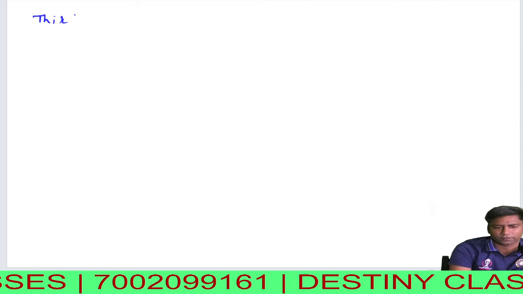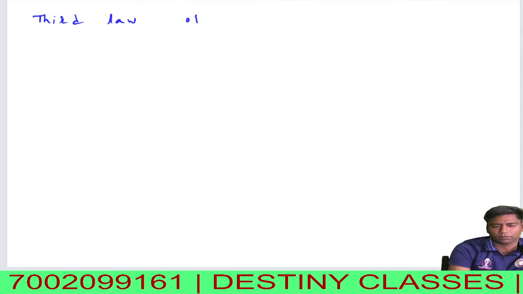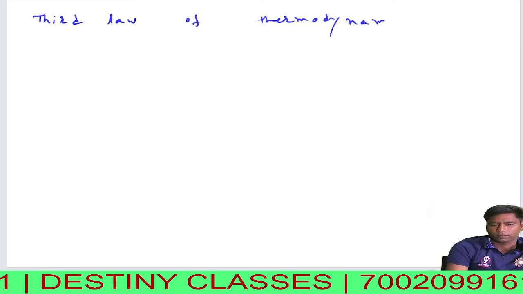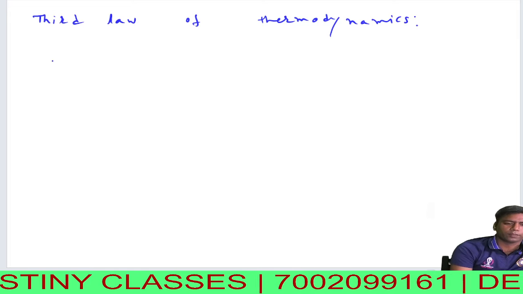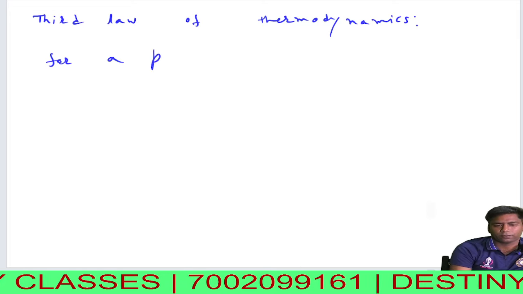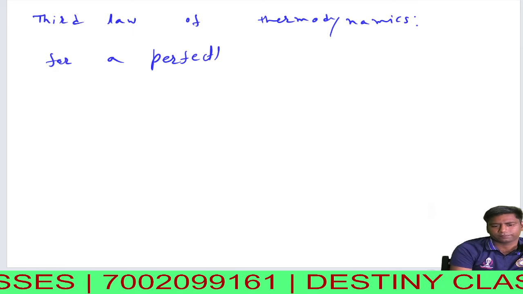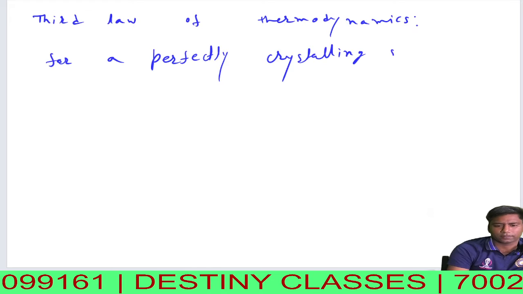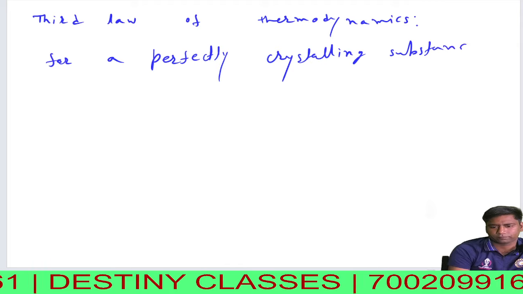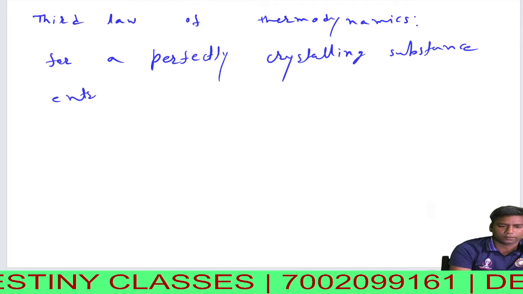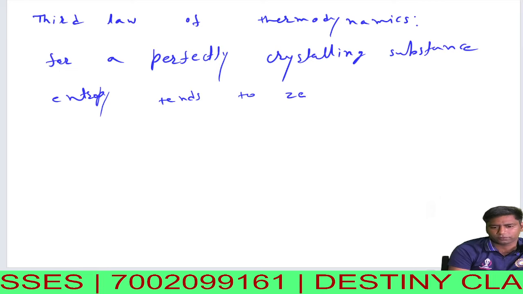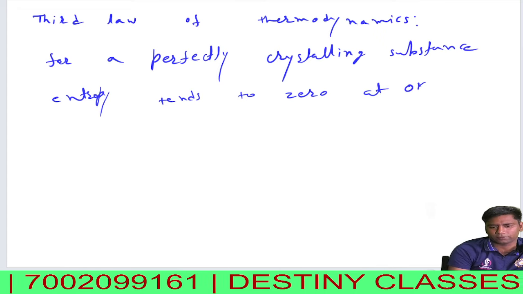Now we will understand the third law of thermodynamics. It says, student, that for a perfectly crystalline substance, entropy tends to 0 at 0 Kelvin.